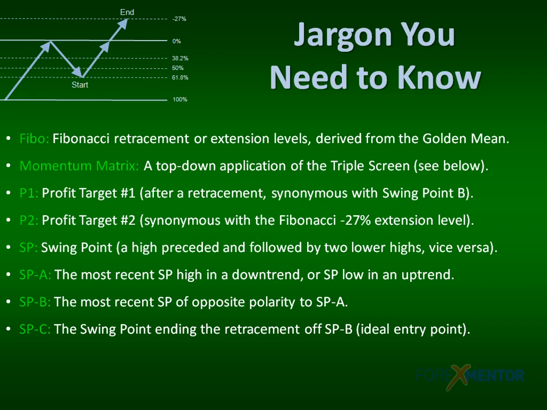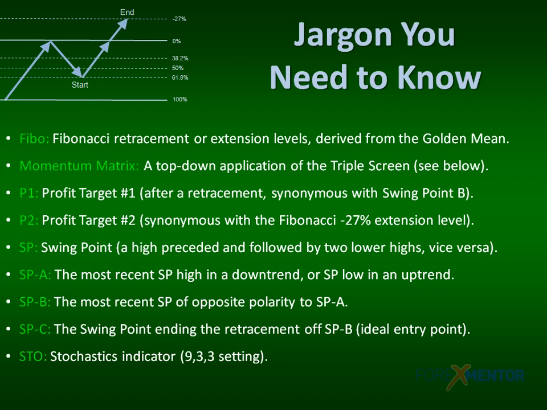Of course, the trick is it's not possible to determine with certainty until after the fact, sometimes well after the fact, where swing point C exactly occurred. Okay, there's an aspect of uncertainty in that, and we just try to cobble together our analytics as best we can to try and identify the retracement terminus there.